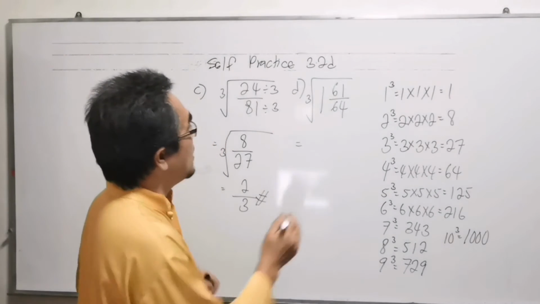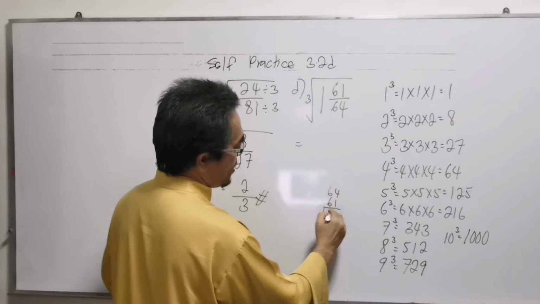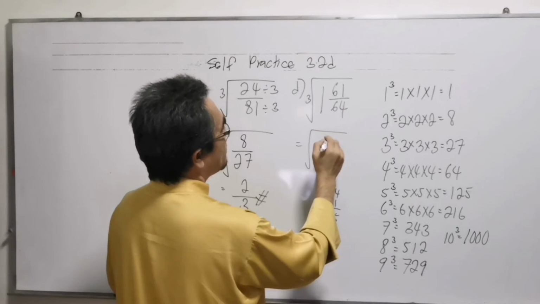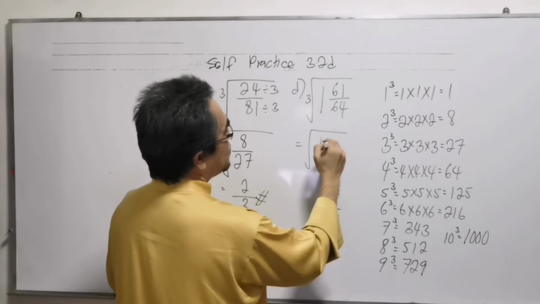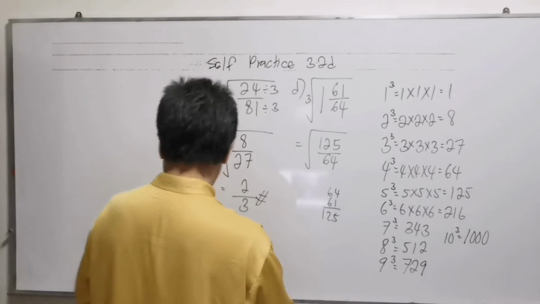What is 64 plus 61? 125. Okay, so it is cube root of 125 over 64.